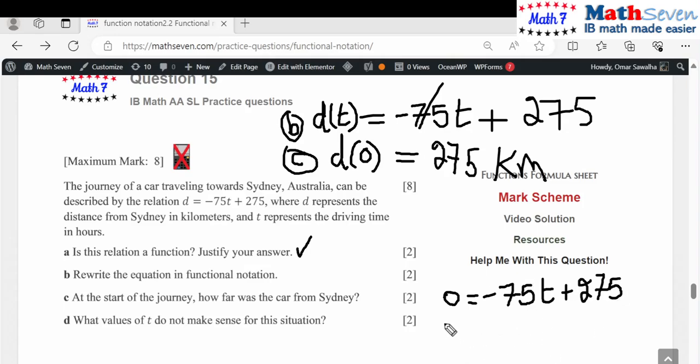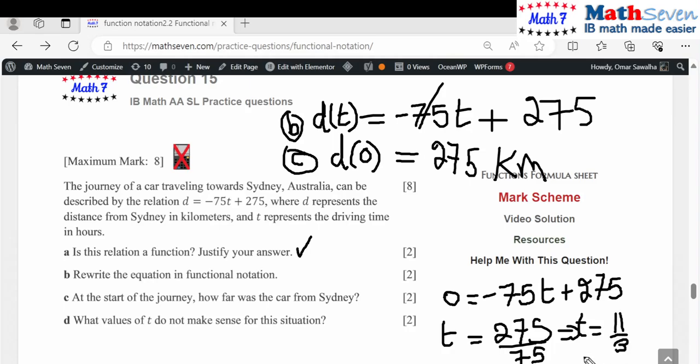So take this and solve it. t will become 275 over 75. Now if you divide both sides by 25 to simplify it, t equals 11 over 3.